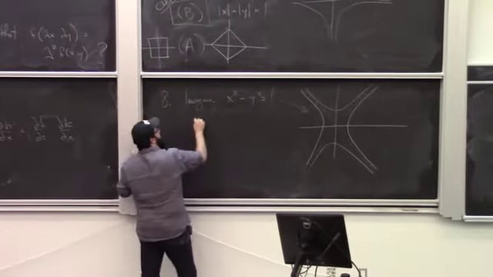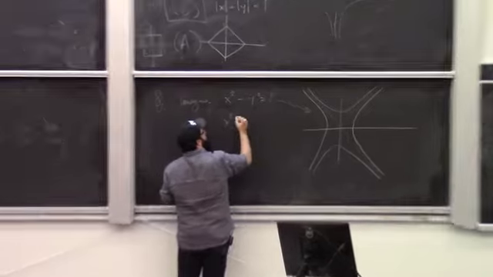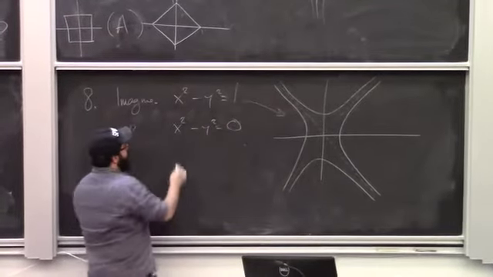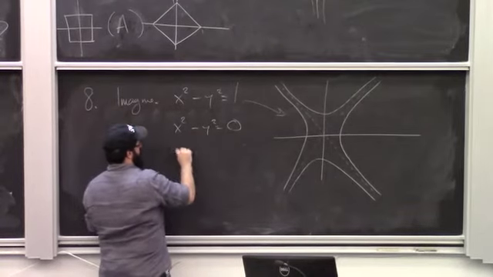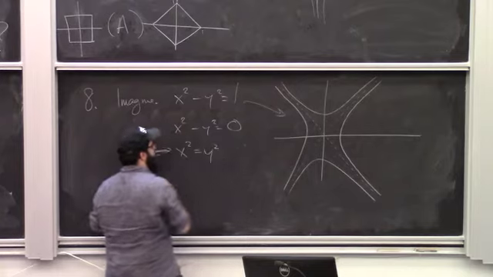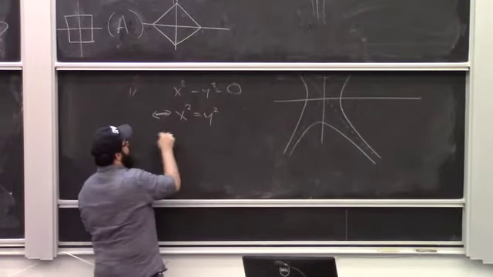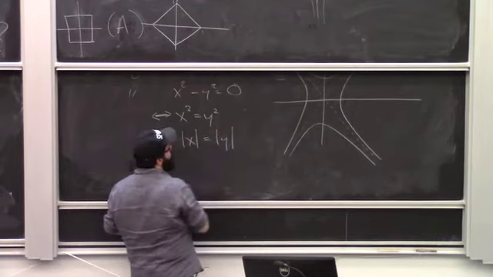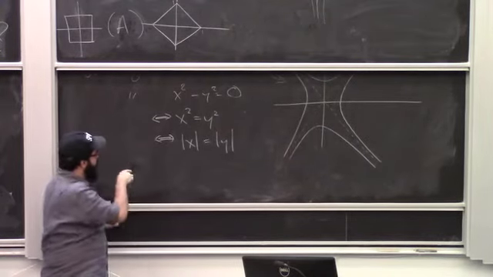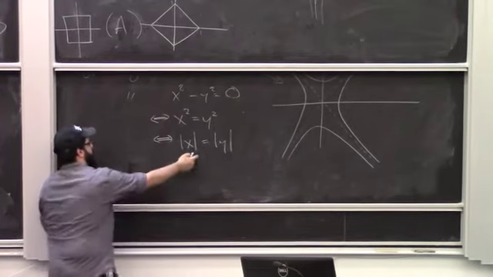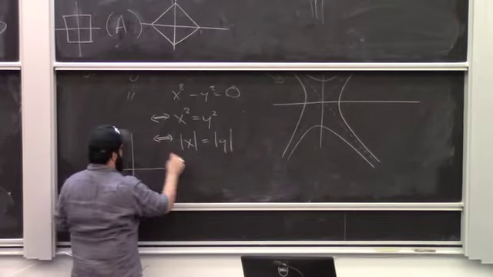And if instead we imagine this, then this rearranges to x squared equals y squared, and that's true if and only if their absolute values are the same, right? Plus or minus the square root of the square and so on. And so it's not hard at all to convince yourself that it just looks like this.